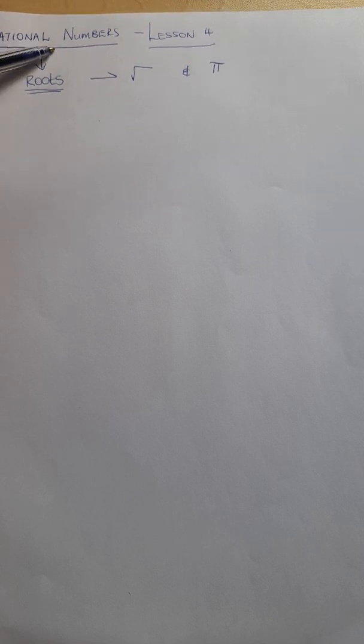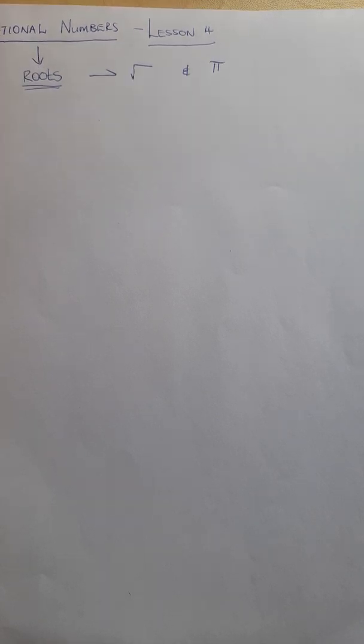Lesson number 2, finding a percentage of a number. Number 3, it was increasing or decreasing a value by a percentage. And today we are doing lesson number 4. Lesson number 4 is all about irrational numbers.